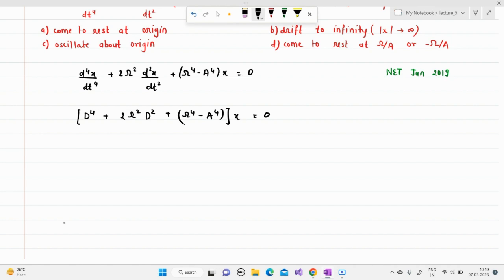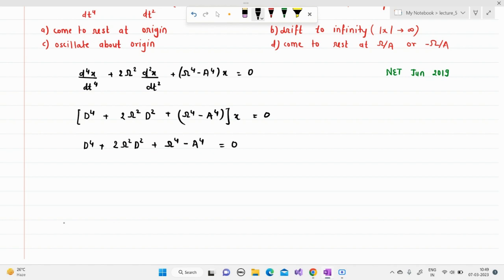Now x can't be 0, so we can take D power 4 plus 2 omega square D square plus omega power 4 minus a power 4 equal to 0.